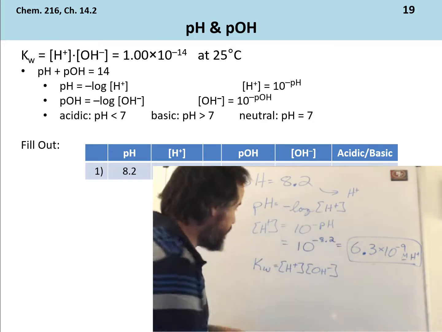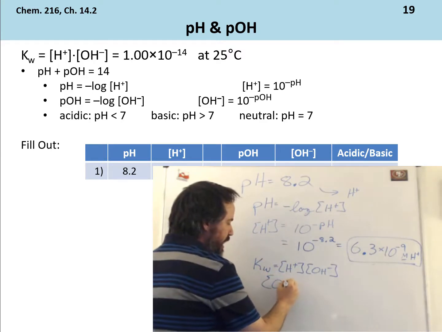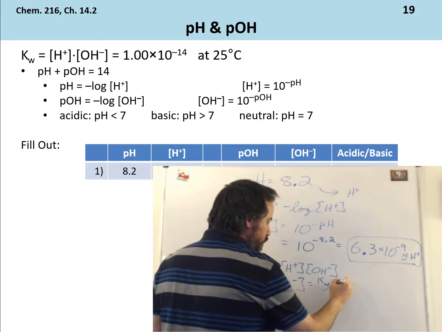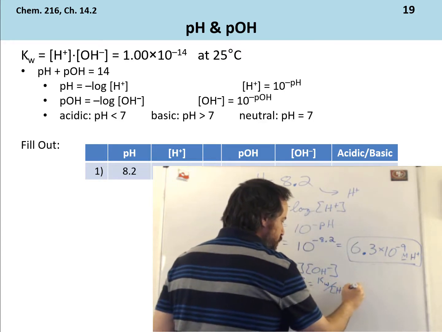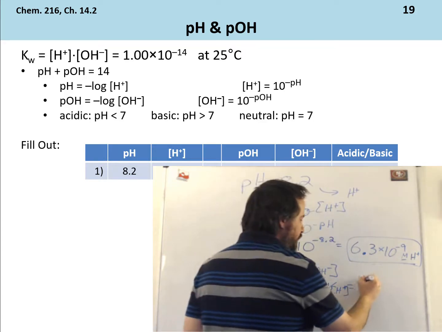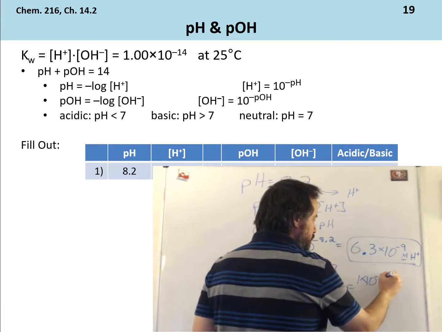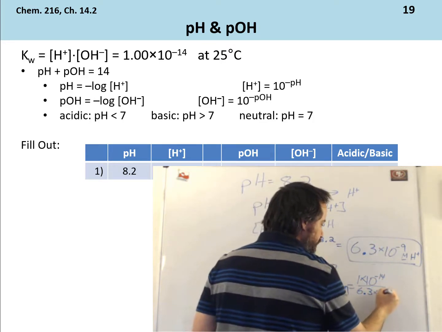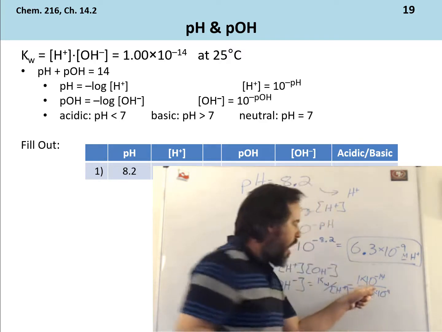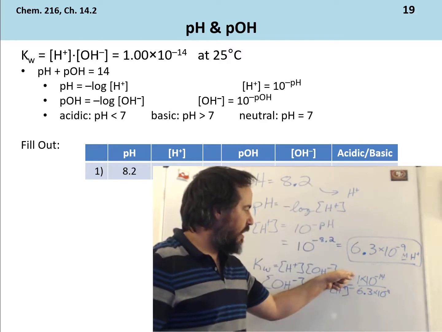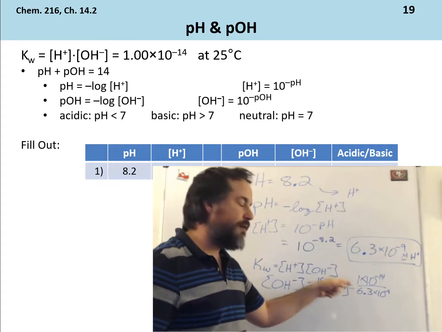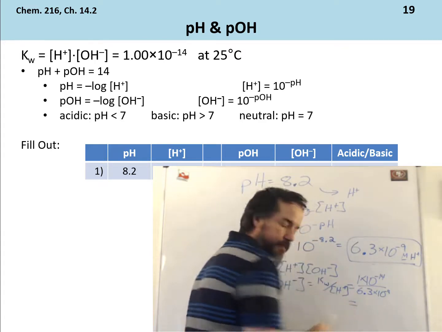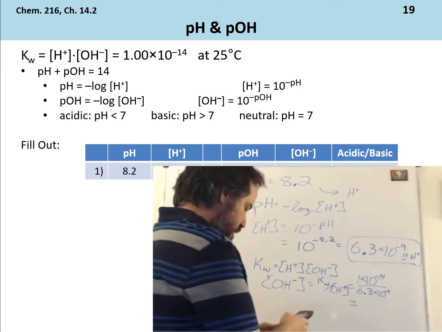So in this case, my OH minus is going to be Kw over H plus, which is 1 times 10 to the negative 14th over 6.3 times 10 to the negative 9. Okay? I'm taking a very small number, dividing by a slightly bigger number, so I should get a small number. Okay?